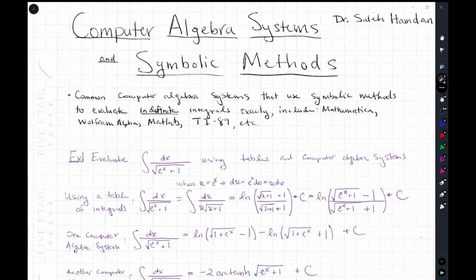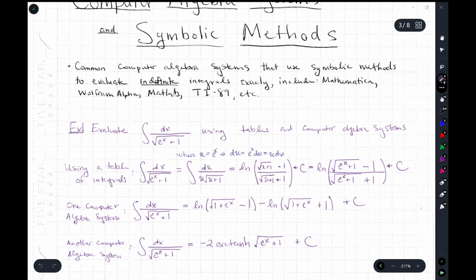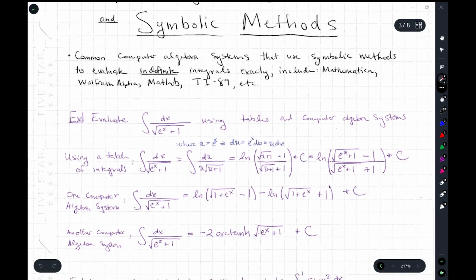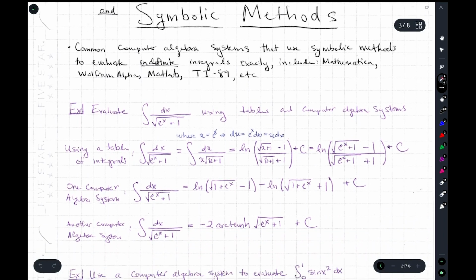So if we're looking at this particular integral, which we saw before, there's several ways to do this integration. We could do a U substitution and then use a table of integrals to arrive at that result.